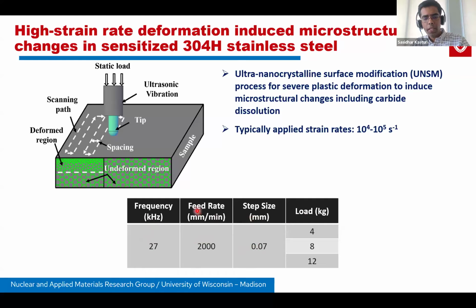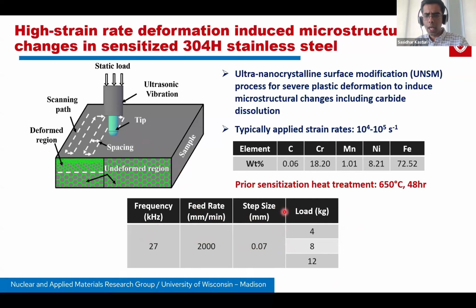When we performed our study to investigate this technology, we varied the applied loads, and we used high carbon stainless steel, and that was subjected to sensitization by heating it at 650 degrees Celsius for 48 hours.